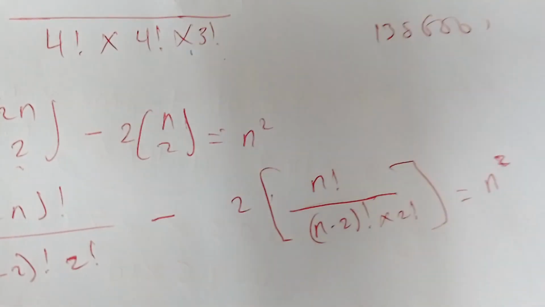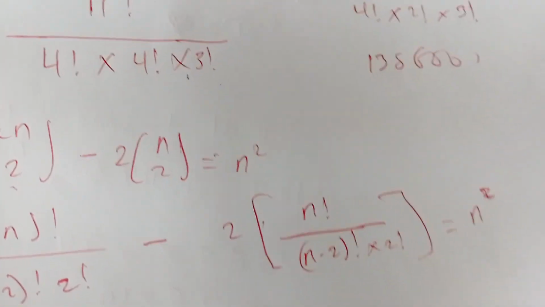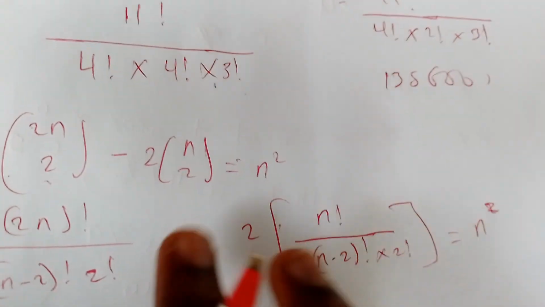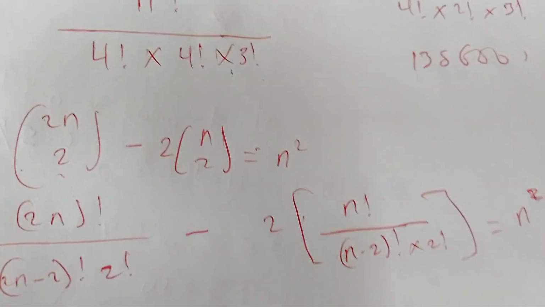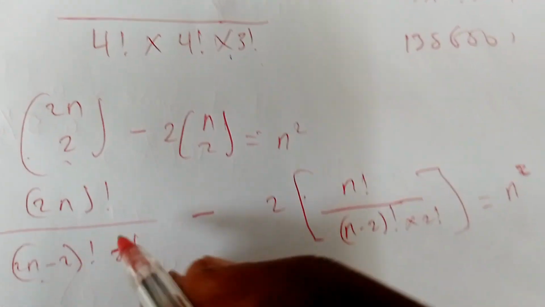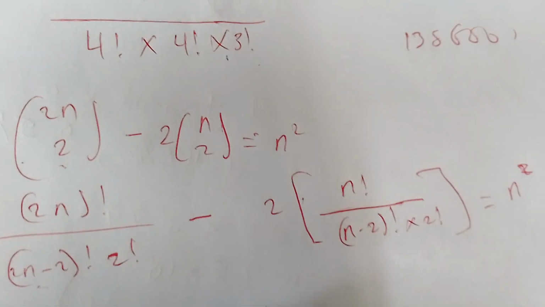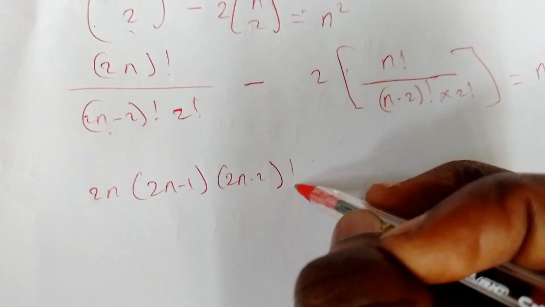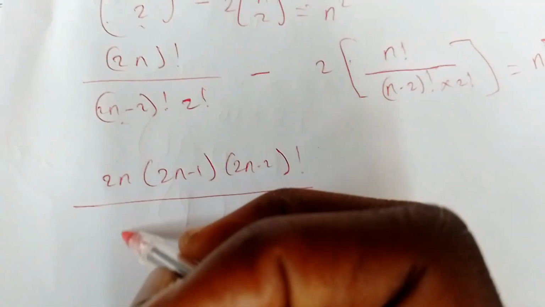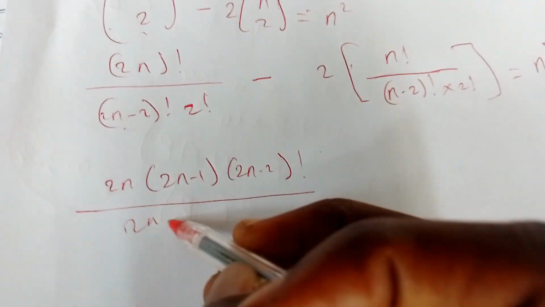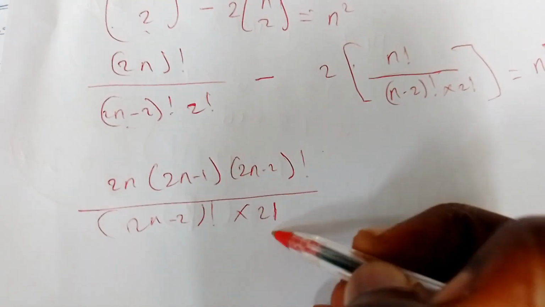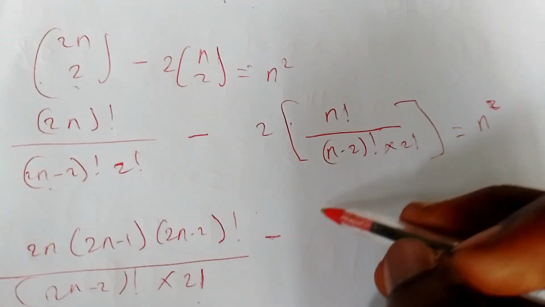So from here, what can you do? From here you can start eliminating some of the terms. So let's see how to eliminate that. So you get 2n times (2n minus 1) times (2n minus 2) factorial, all divided by this (2n minus 2) factorial times 2 factorial, minus the same.